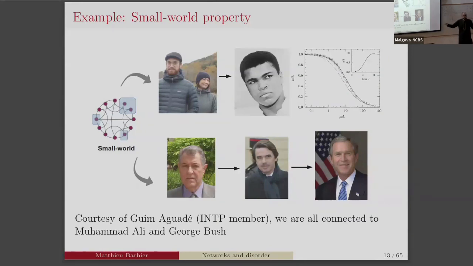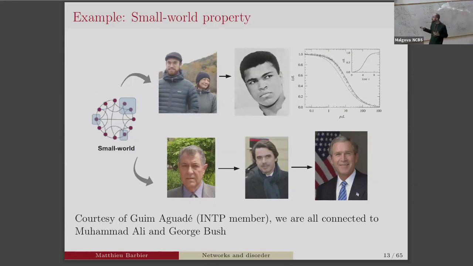So thanks to me and thanks to Guy, you're now at most 4 steps away from knowing Muhammad Ali, and 5 steps away from knowing George Bush, right? And most complex networks have this property. At least most networks that we see, outside of physics, that are not spatial networks, that are really networks of interactions, tend to have this property of small world, short paths from me to everybody.